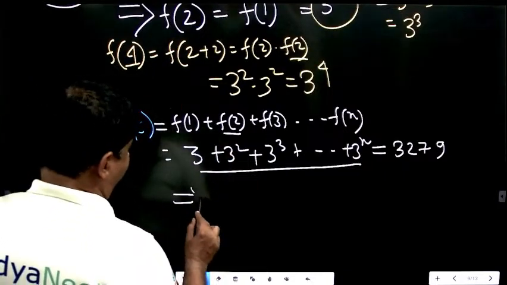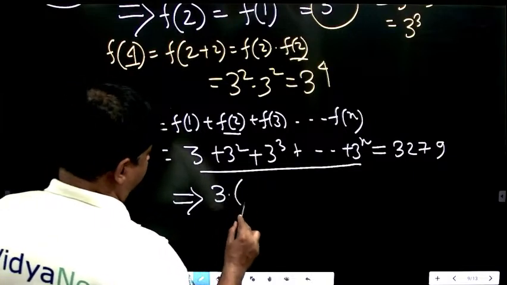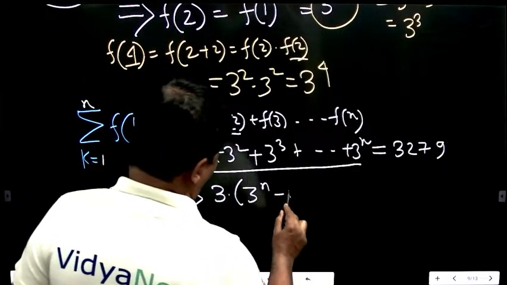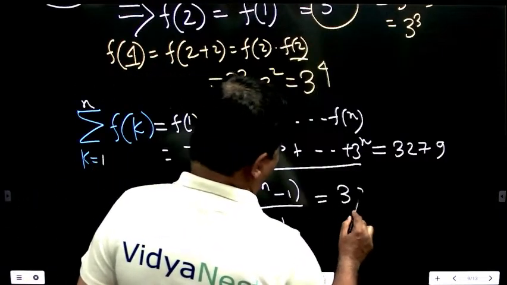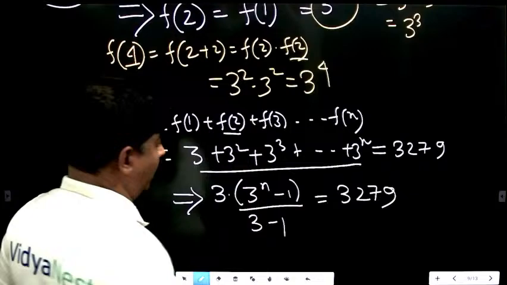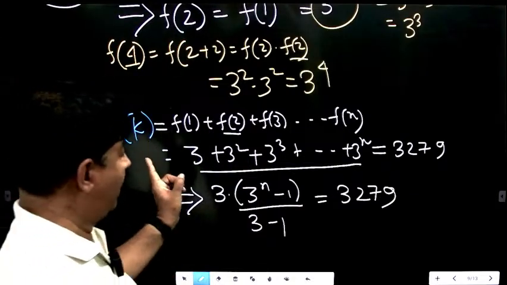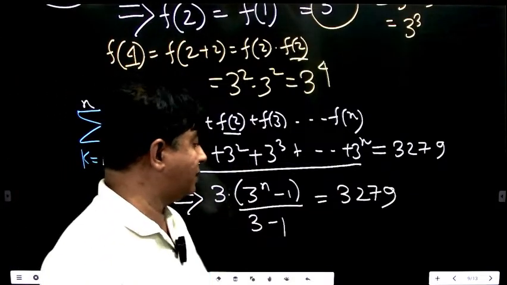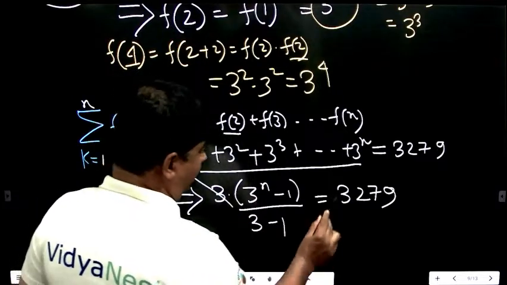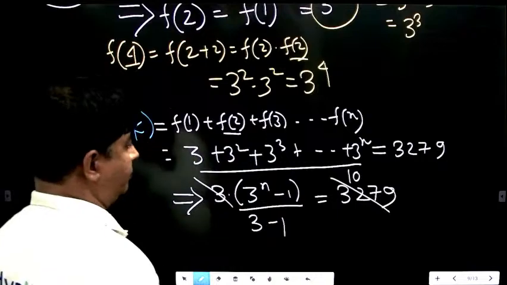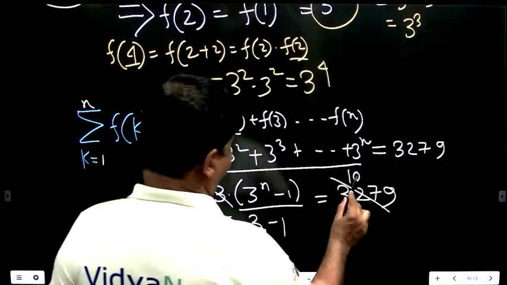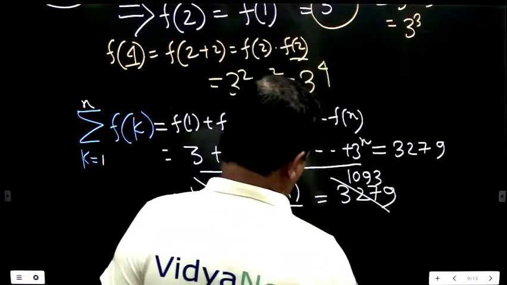So use the formula directly. 3 times 3 to the power n minus 1 by 3 minus 1 is 3279. Now the question is, can this 3 divide this? Let's see. 3 tens are 30, 27, 9, 3.